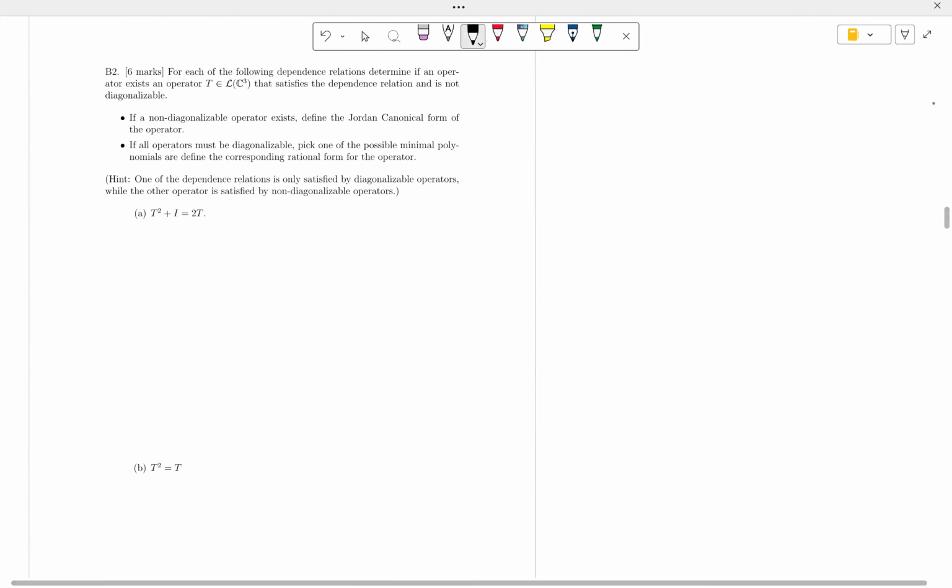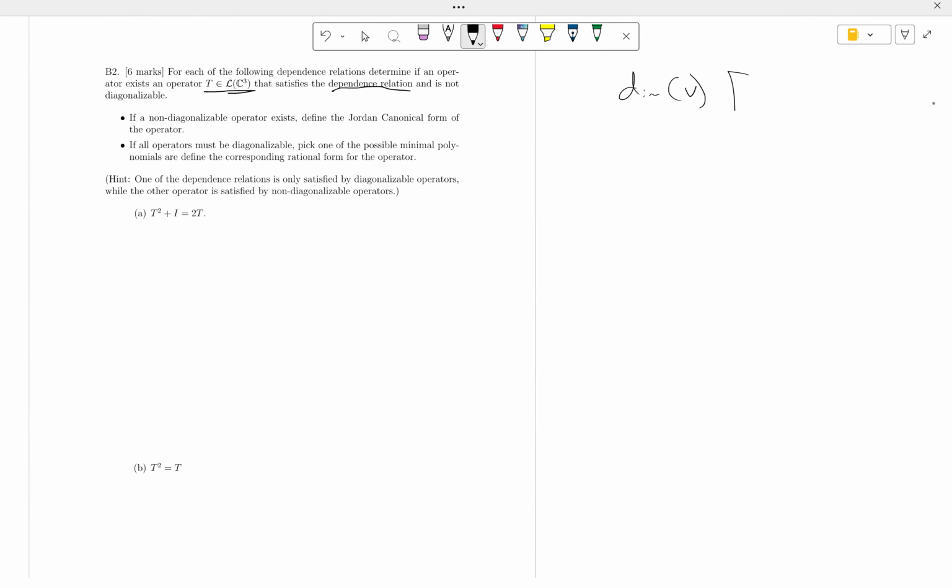B2, here what's happening is we're given a dependence relation. And when I'm looking at the dependence relation, I'm looking for any information we have about the operator. Remember, I really care about the dimension of V because that tells me the size of my matrix representation. That's a big deal for me, especially when we're looking at our Jordan canonical forms and our rational canonical forms. Here we have dependence relations and we're looking for operators that satisfy the dependence relation that are not diagonalizable.